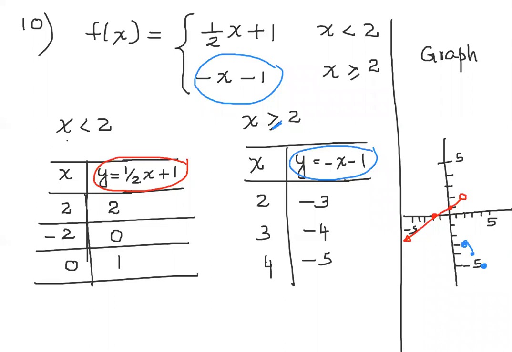So the graph goes underneath here, and this point is closed, that point is open. So these are the 2 functions. Because we have only 2 functions here, we had 2 pieces. So that's why it's called the piecewise function. Let's go to the next example, number 11.